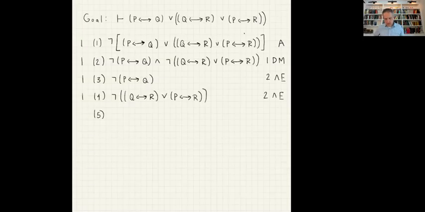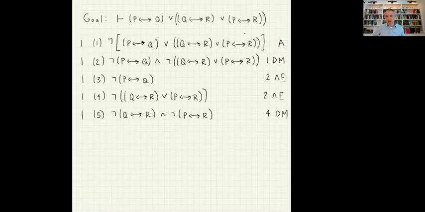That was an or. Okay, and so now I'm going to just do De Morgan's again. So now I'm going to put not Q if and only if R, and not P if and only if R. Okay, and that is from 4 De Morgan's.